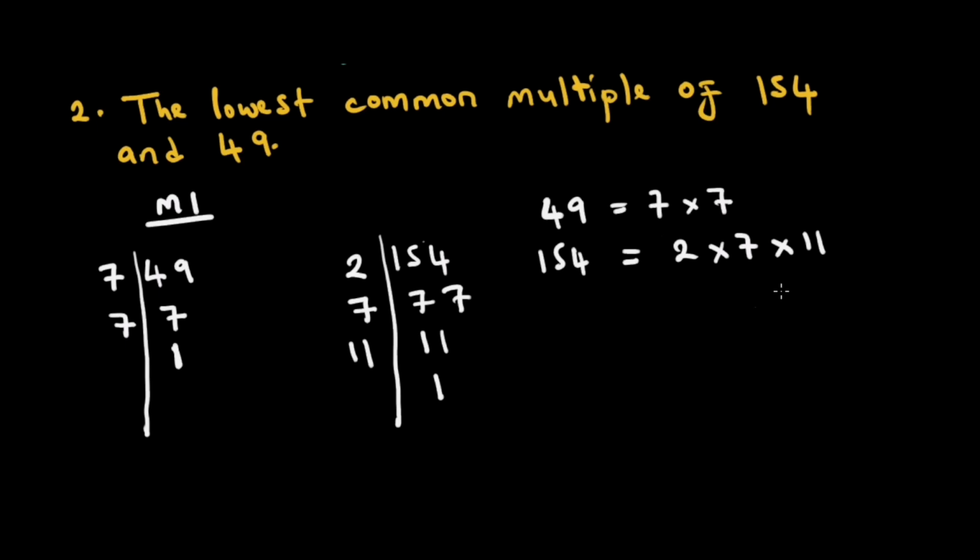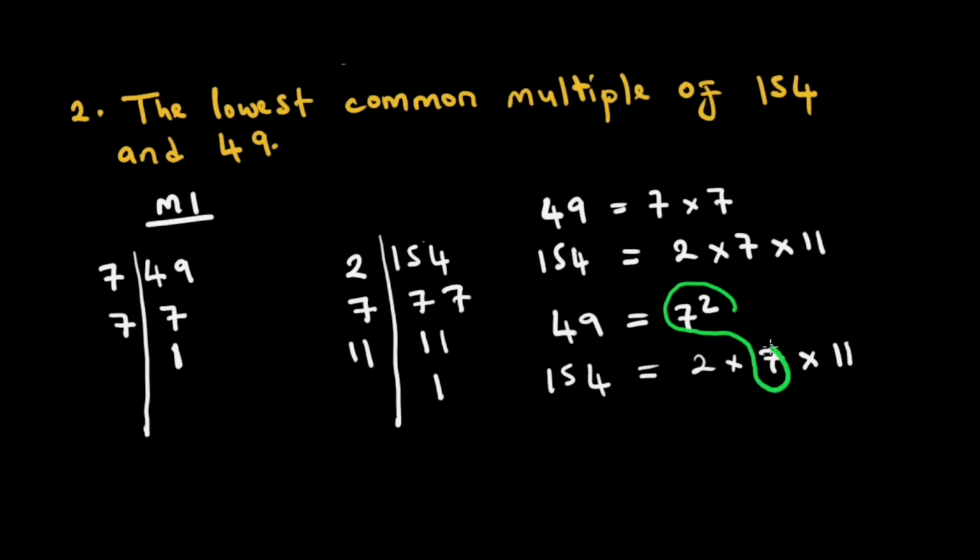If we want to express these factors as powers, 49 is equal to 7 squared, and 154 remains 2 times 7 times 11. When finding the lowest common multiple, we start by looking for what is common, meaning the factors common to both 49 and 154. In this case, we see 7. 7 is common because it is in 49 and also in 154.